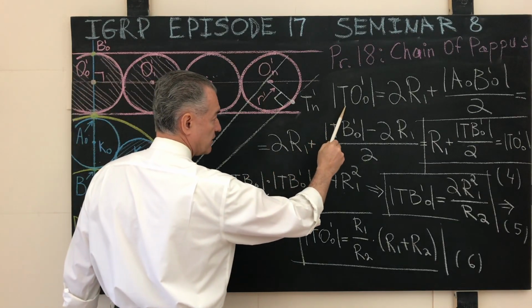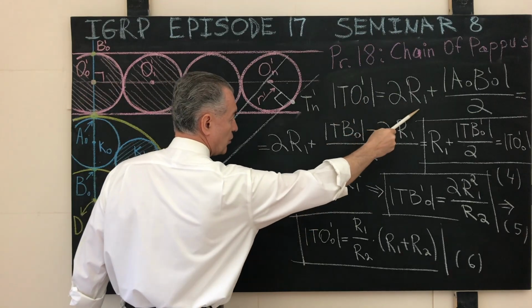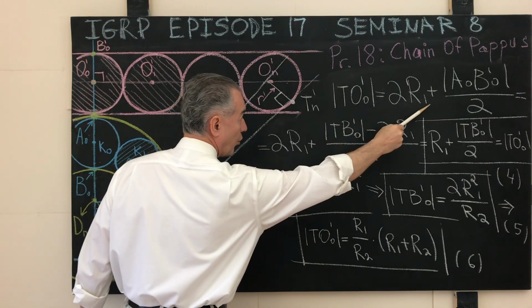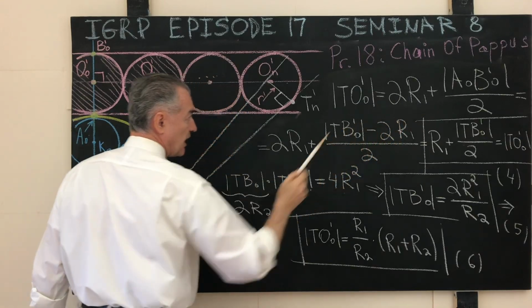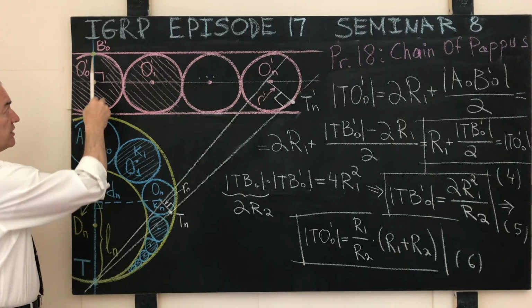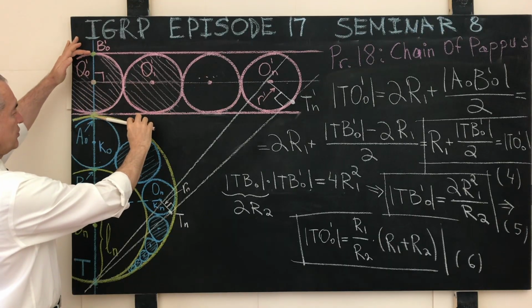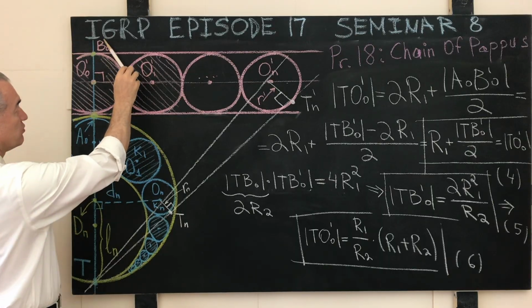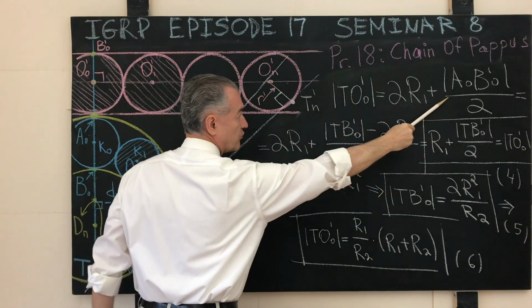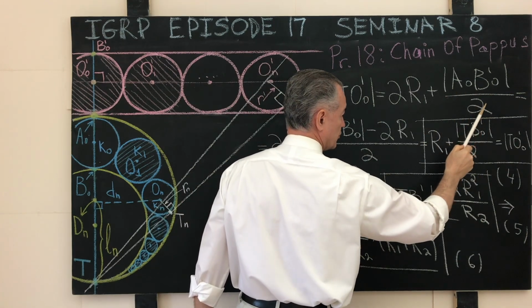So here we write that the distance between the points t and O prime 0 is twice the radius r1, the radius of the outer generating circle, plus the distance, which is equal to half the distance between the points a0 and b prime 0. This is reflected over here, the distance between the points a0, b prime 0 over 2.